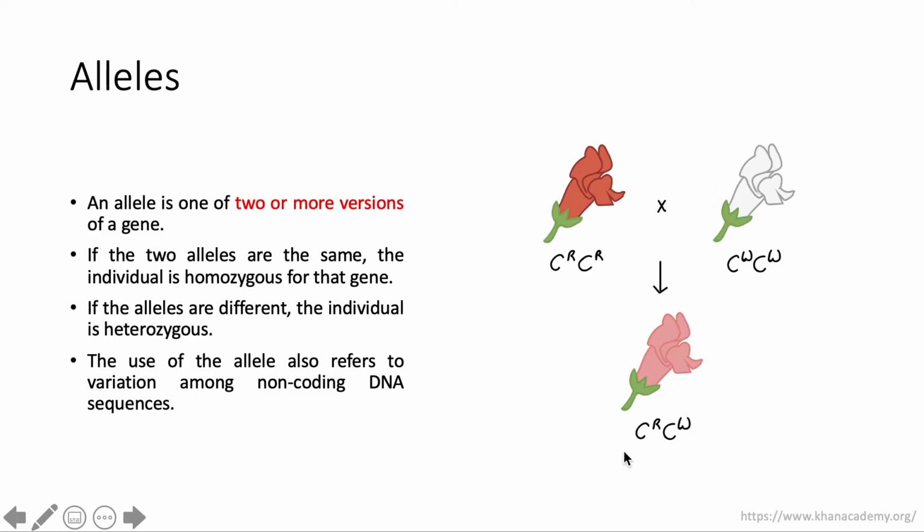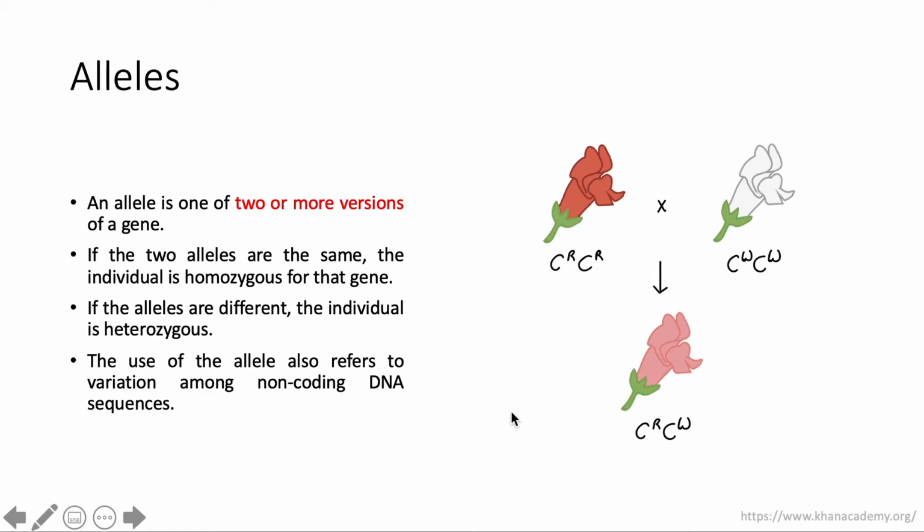But when they are a mix, here where we have the 2 alleles, these kinds of genotypes are heterozygous. So that is an important difference. Remember, in homozygous both alleles are the same, and in heterozygous they are different.